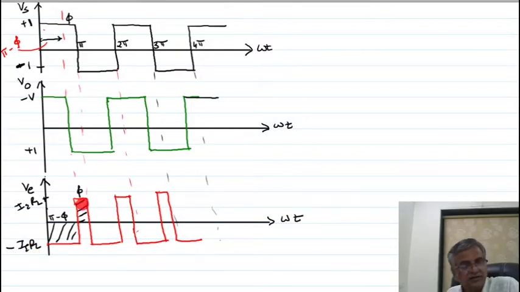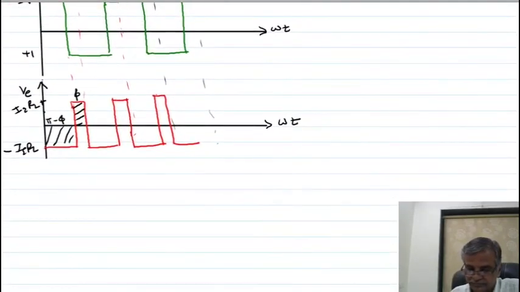During phi, only Vs is positive and Vo is negative. Vo, the output of the VCO, is given to Q3. So Q3 is in reverse bias, Q1 is in forward bias, and the transistor does not conduct. So the collector voltage at Q3 is maximum. That maximum value I have written as plus IRL.